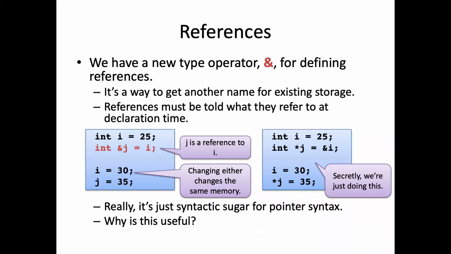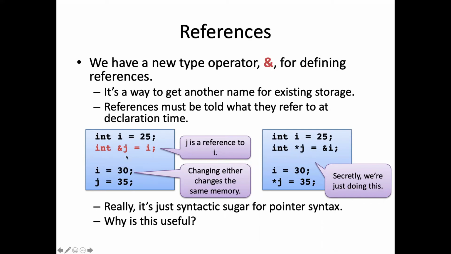So the consequence of using this simplified syntax is once you've made the reference j, you can't make it refer to anything else. When you're using the pointer syntax, if you make a pointer j that's a pointer to an int, you can either change the int it points to, or dereference it and change the contents of i here, or with pointer syntax, you could make j point somewhere else if you wanted.